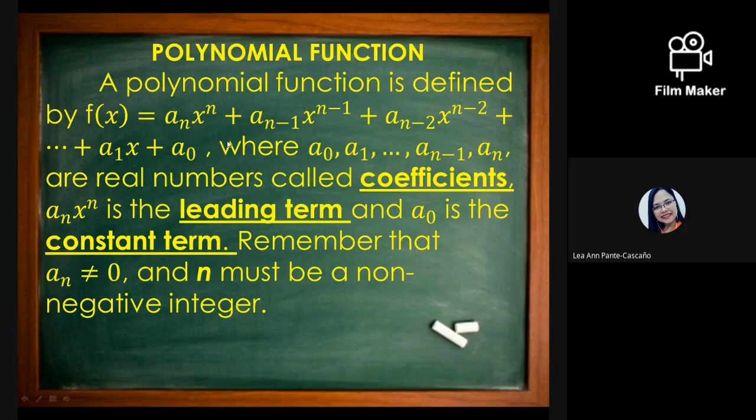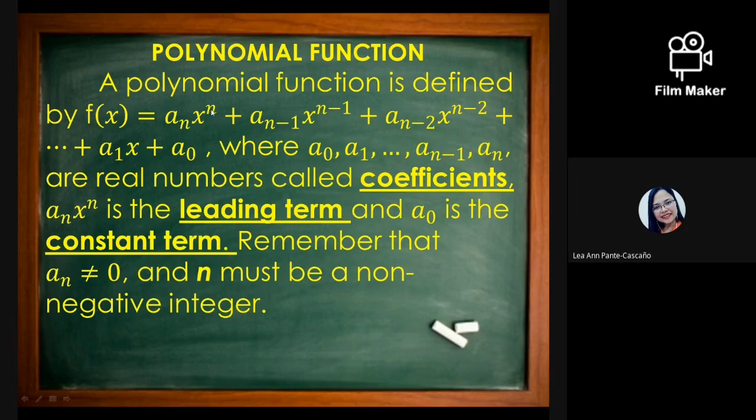A sub n, this is your leading term. So you need to remember that. And a sub 0 is the constant term. Your a sub 0, or the term without variable, is the constant term. Remember that a sub n should not be equal to 0. A sub n and n must be a non-negative integer.